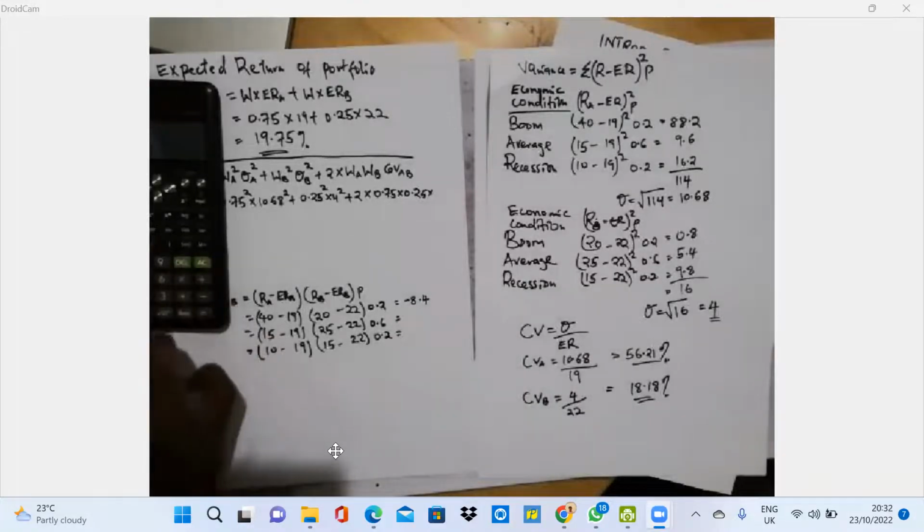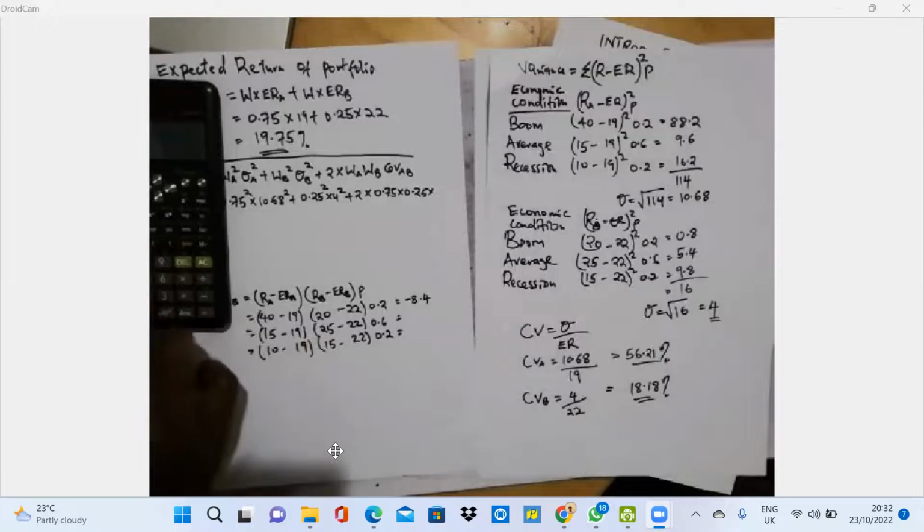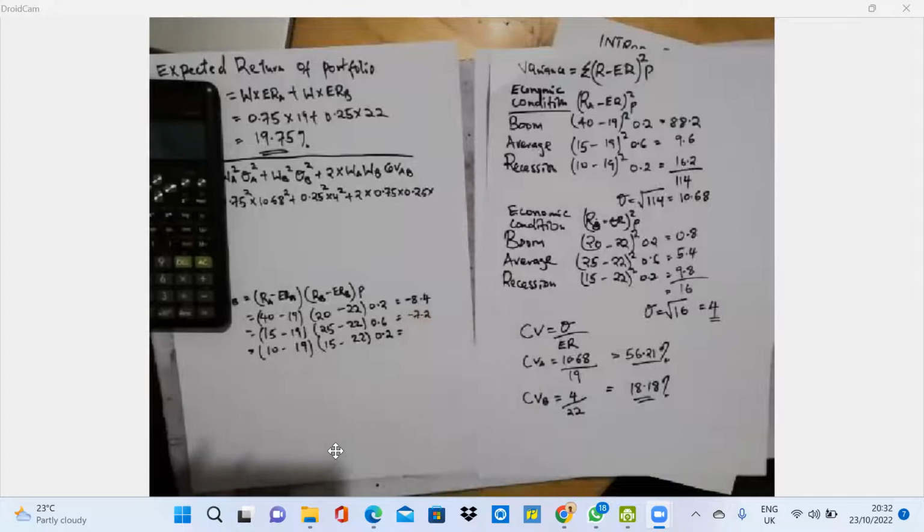Then the second one is 15 minus 19 times 25 minus 22. Answer, you multiply by 0.6. Negative 7.2.